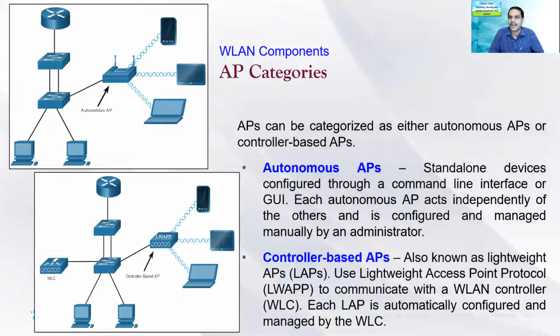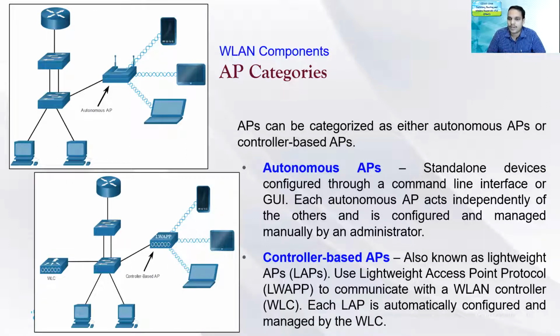So what are the different categories of access points? APs can be categorized as either autonomous APs or controller-based APs. Please understand the subtle differences here. Autonomous APs are standalone devices which are configured through a CLI or GUI. Each autonomous access point acts independently of the others and is configured and managed manually by the administrator. Whereas the second variant, controller-based access points, are known as lightweight APs or LAPs.